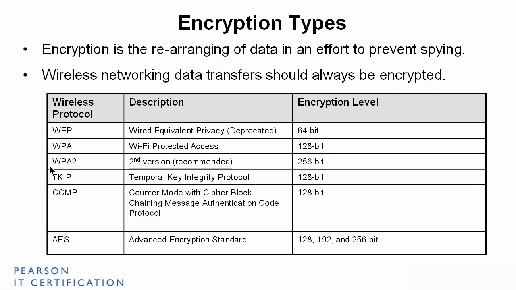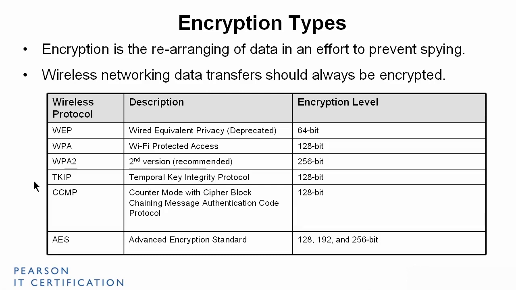Then the second version, WPA2, is the recommended one that you should use as long as your clients are compliant with that. That's 256-bit encryption level. So for wireless connectivity, WPA2 is the way to go. WPA is also acceptable, but WEP should be avoided.